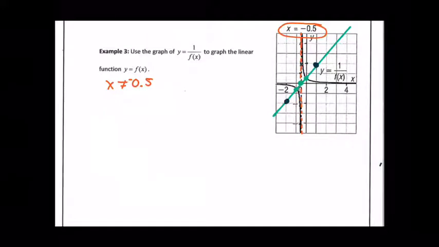So I'm trying to find points to actually be able to find the slope, because these are all in between the lines. So if we go up 1, 2, 3, 4, 1, 2, 3, 4, and then over 1, 2, 3, 4, I think the slope is 1 over 1.